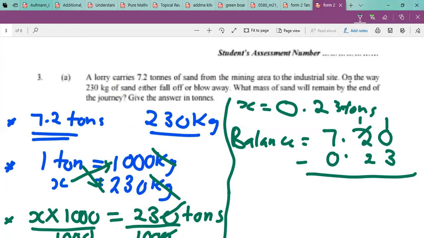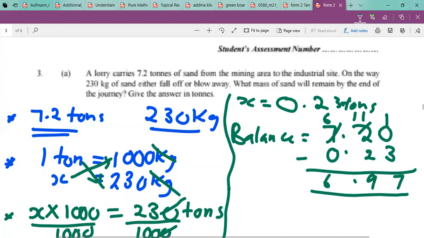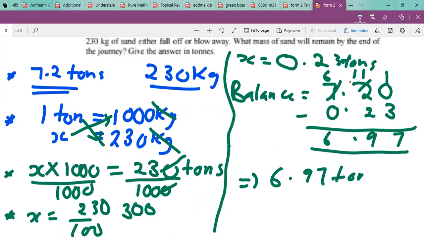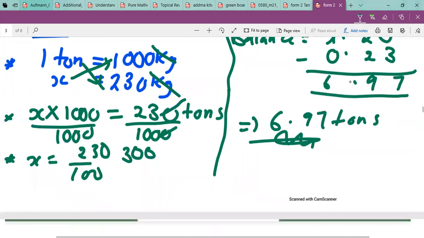Therefore, I've got 10 minus 3, it is 7. Get a 1, you have 6. You put there, you have 11. 11, take note, 11 minus 2 is 9. And 6 minus 0, it is 6. So, by the time it will be going to the industrial site, there will be 6.97 tons of sand. Okay, that is our answer.